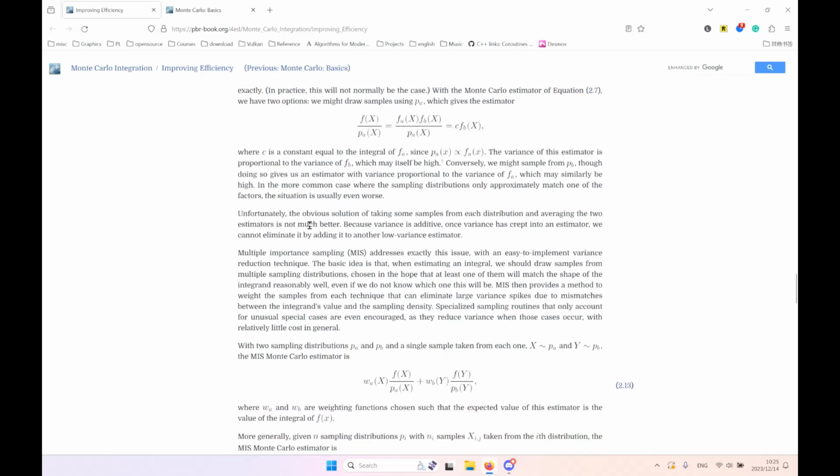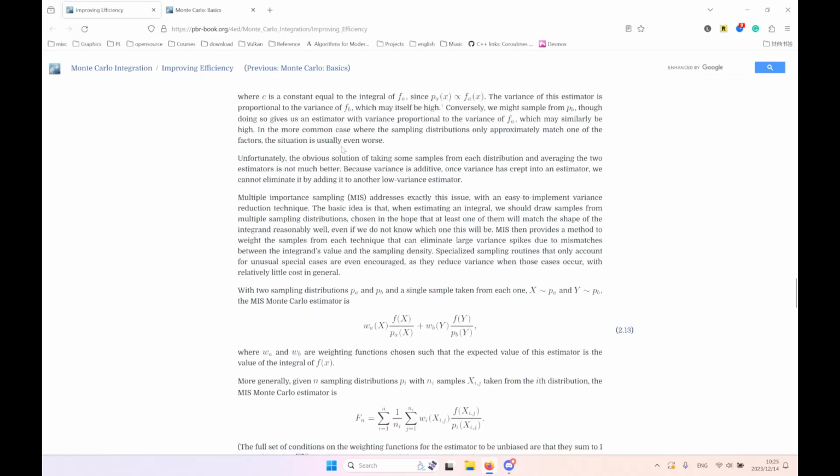And MIS, the basic idea is to address this issue by drawing samples from multiple sampling distributions and then weighting them with some heuristics.